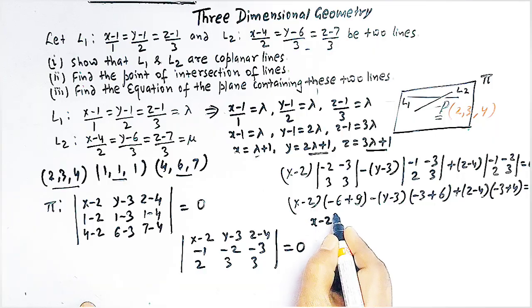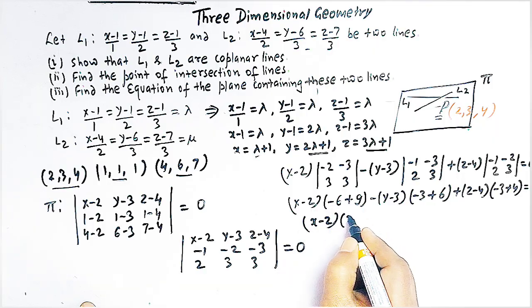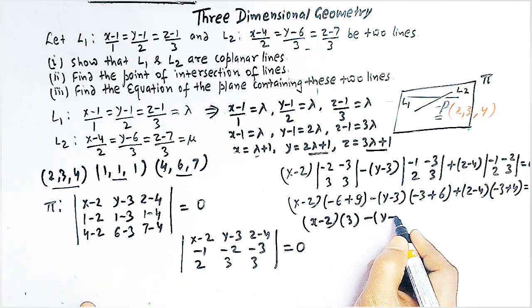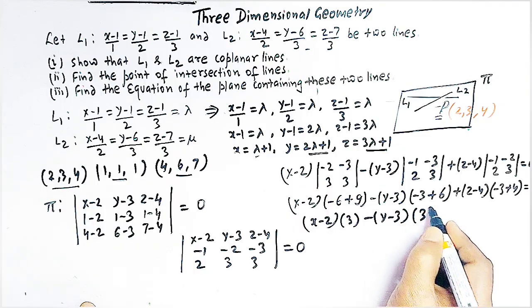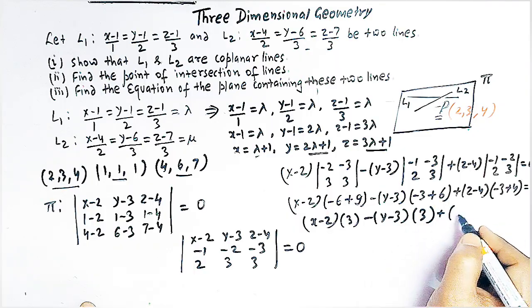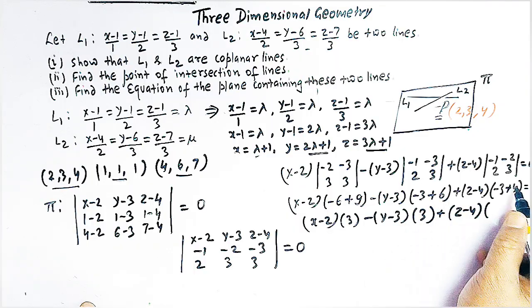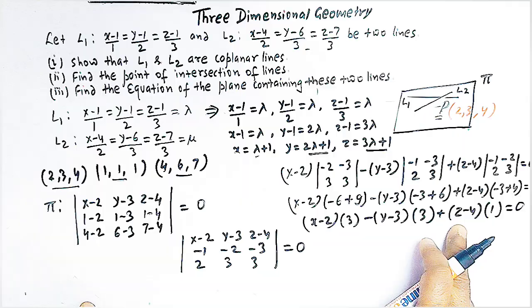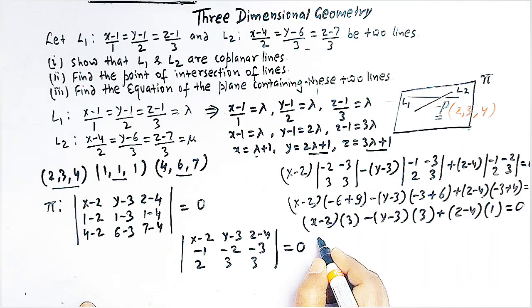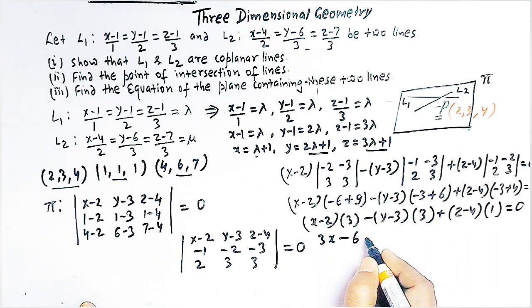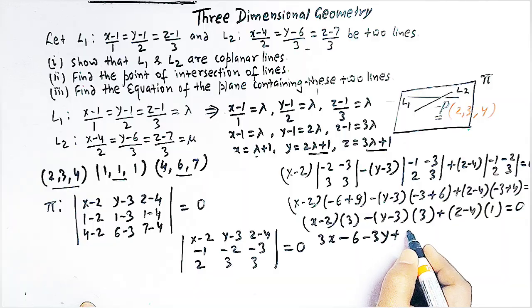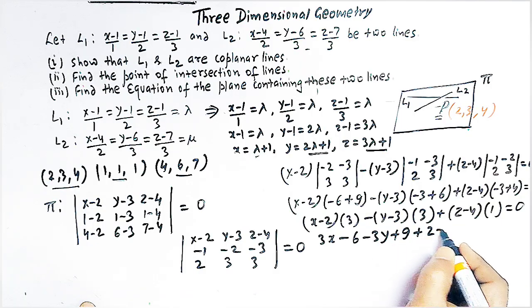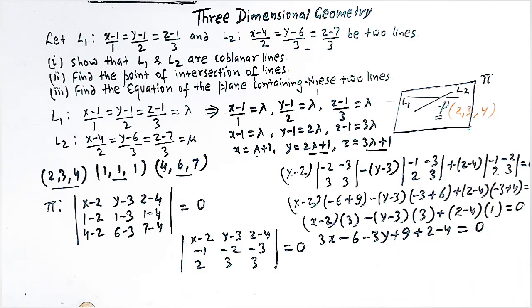So now we have x minus 2 times 3, since 9 minus 6 is 3, y minus 3 times 3, and then z minus 4 times 1, since 4 minus 3 is 1, right? Now we simplify this expression: 3x minus 6 minus 3y plus 9, plus z minus 4 is equal to 0.